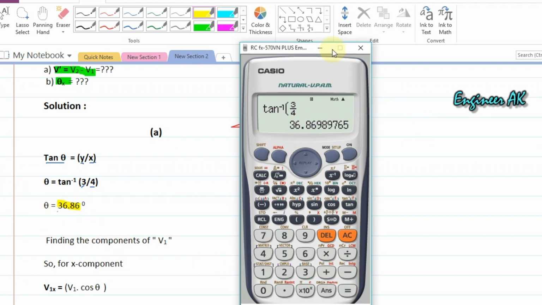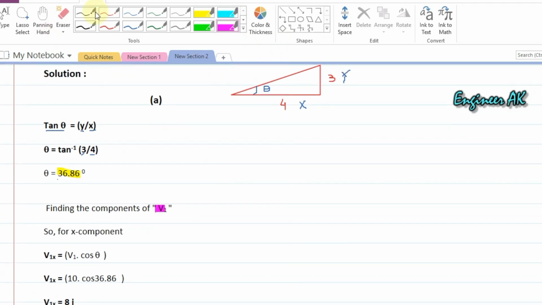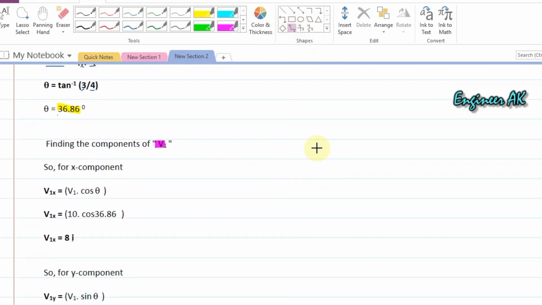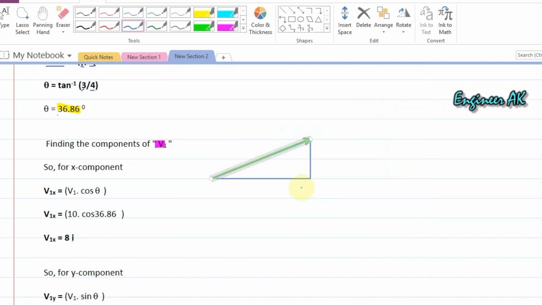Now after that we have to find the components of v1, right? So for that, if I simply draw it, and let me change its color because it's the resultant, right?